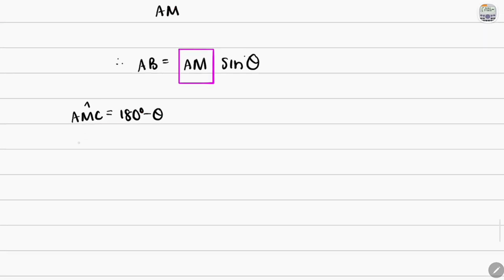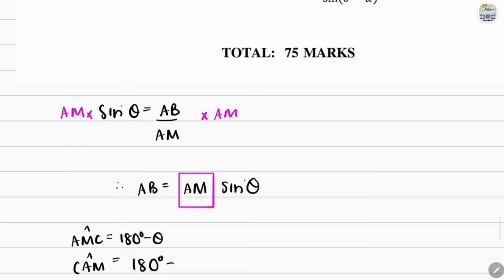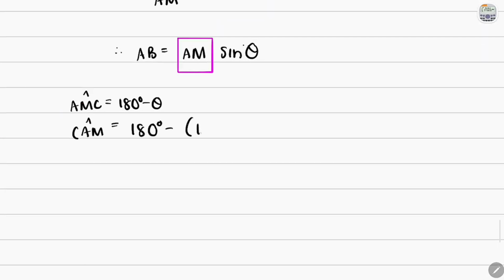Okay, so to find CAM, we're going to say this is 180 degrees minus all the angles we have here. So we have alpha, 180 degrees minus theta. So if you say minus (180 degrees minus theta), and then minus alpha. Because I'm seeing this as one single angle, and then I'm saying minus alpha as well.